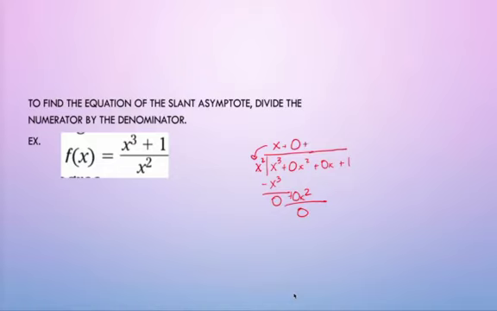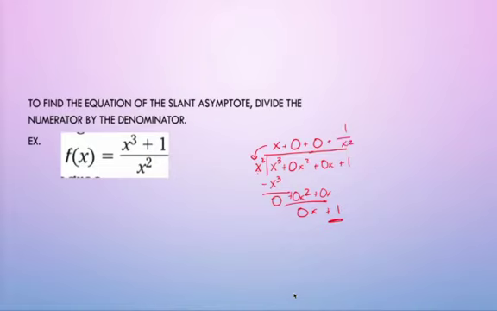X squared goes into x 0 times. That's going to be 0x. And then the plus 1, x squared doesn't go into 1, so your remainder would be 1 over x squared.